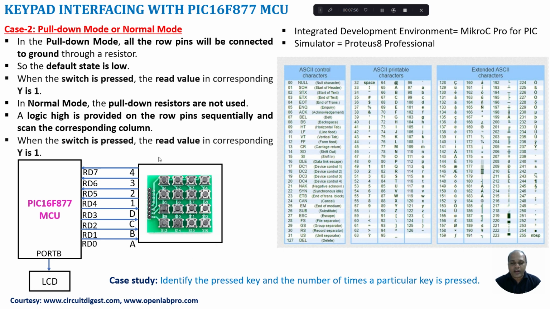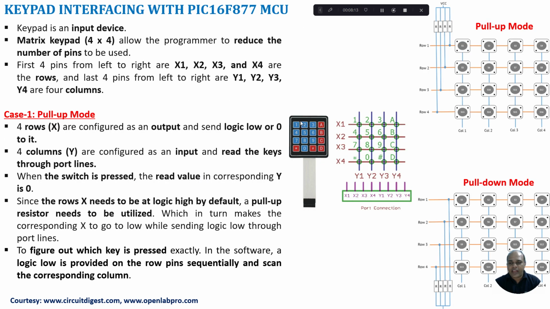And one more important thing with keypad interfaces, whenever we press a key, a particular key will be identified and the corresponding ASCII value needs to be mapped. For example, if I take 1, when this 1 key is pressed, I need to map this key press with the ASCII value of 1.